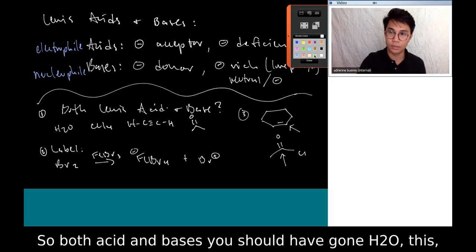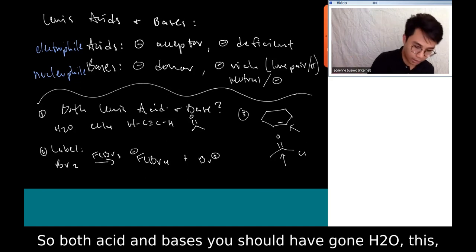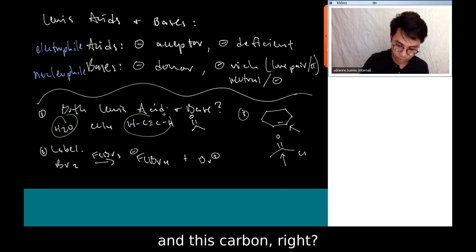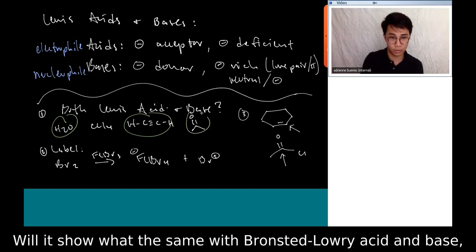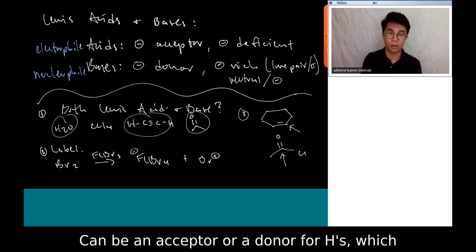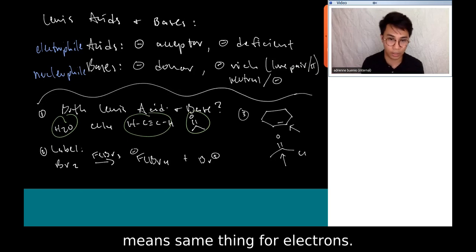Okay, so both Lewis acids and bases, you should have gotten H2O, this, and this carbon, right? And why? Well, we know H2O was the same with Bronsted-Lowry acid and base, right? Could be an acceptor or a donor for H's, which means the same thing for electrons.